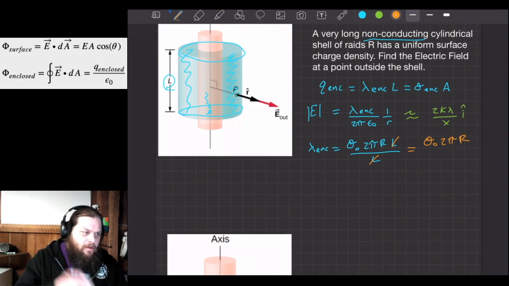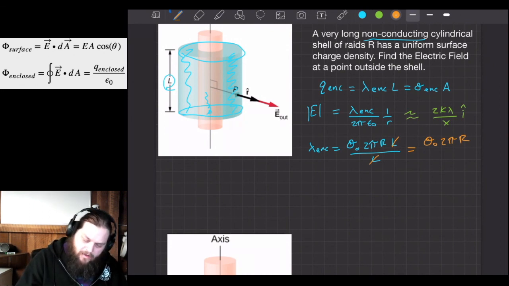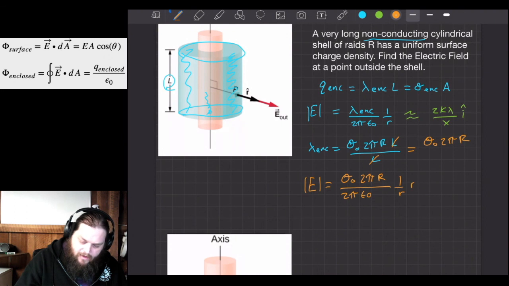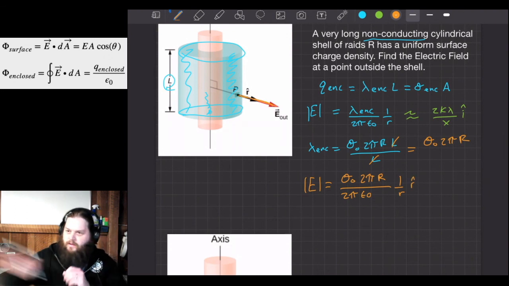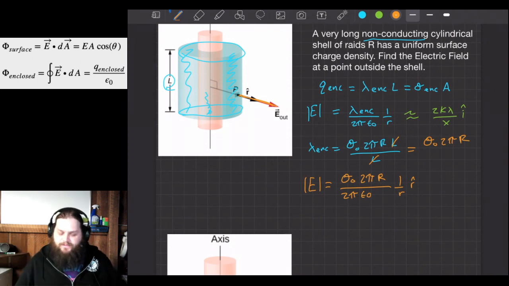Now we can plug this into our electric field equation. The electric field is equal to sigma naught 2 pi r divided by 2 pi epsilon naught times 1 over r. It's going to be in the r hat direction, just the direction of that electric field is going to shoot outwards along the radius.